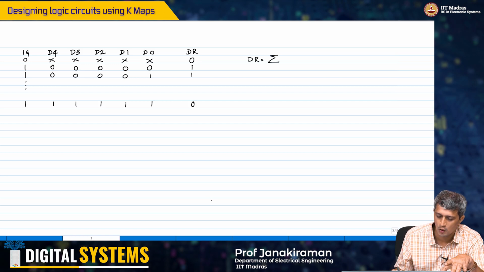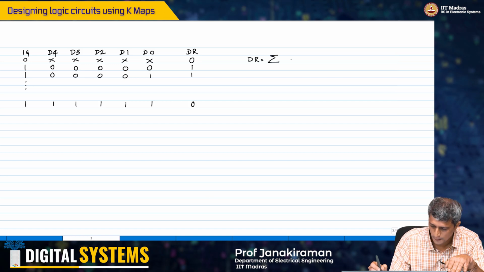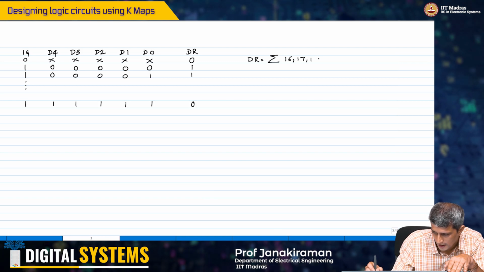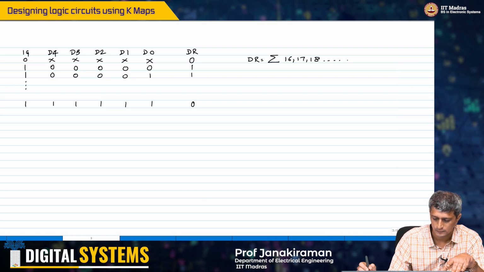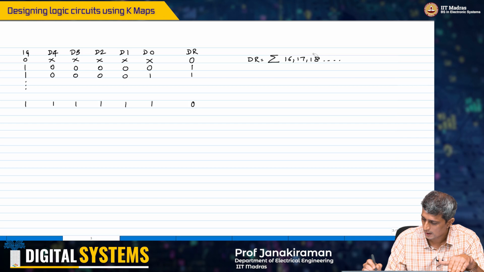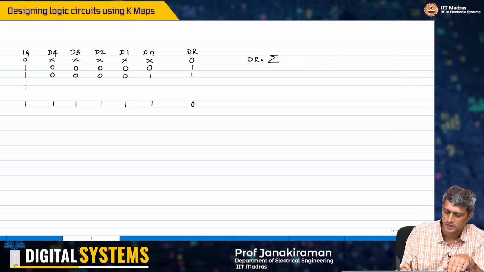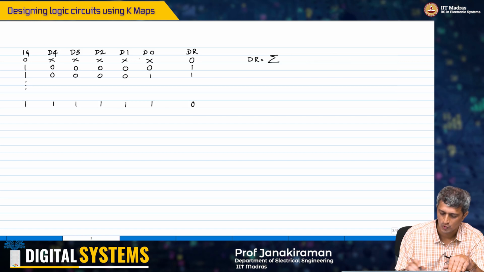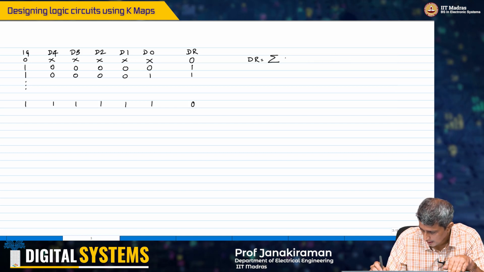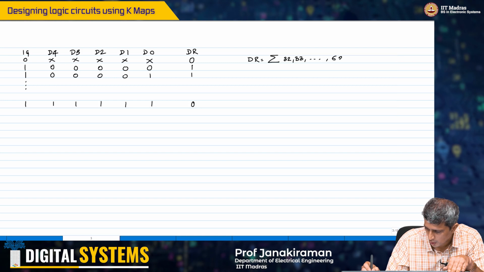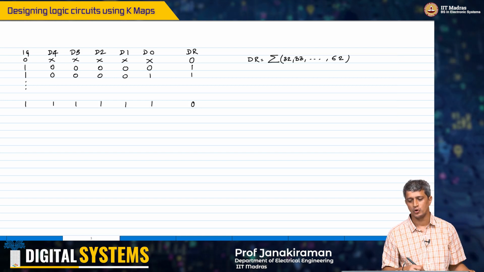Of course, 0 to 15 there is nothing, 16, 17, 18... no, I am not talking about 16, 17. Sorry. D0 to D4, all combinations is going to be 32, right? So 0 to 31, there is nothing. So 32, 33, all the way to 62. This is what we will get.